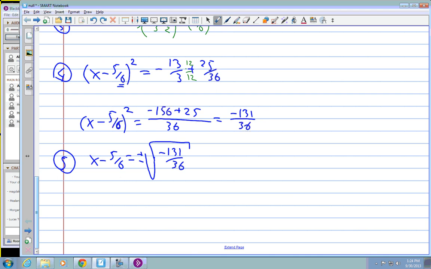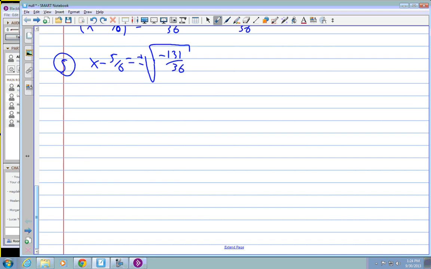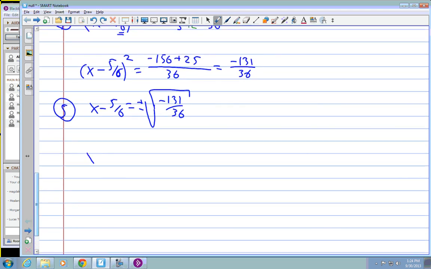Now, I'm going to try to simplify the right-hand side. I don't think I'll be able to take the square root of 131 in any way or form. Will I? Probably not. That number. But I can take the square root of 36. So the denominator is 6, right? And the numerator, I can just say it's i square root of 131.